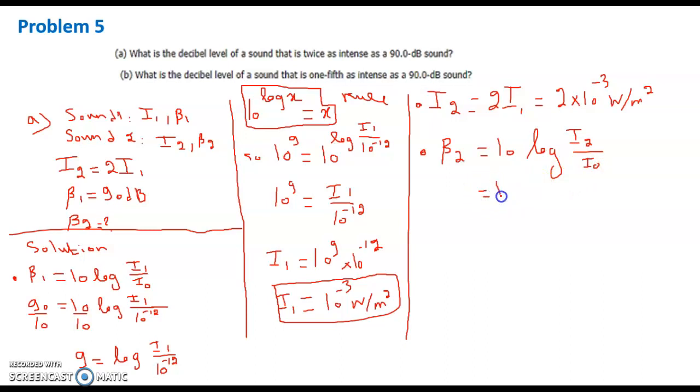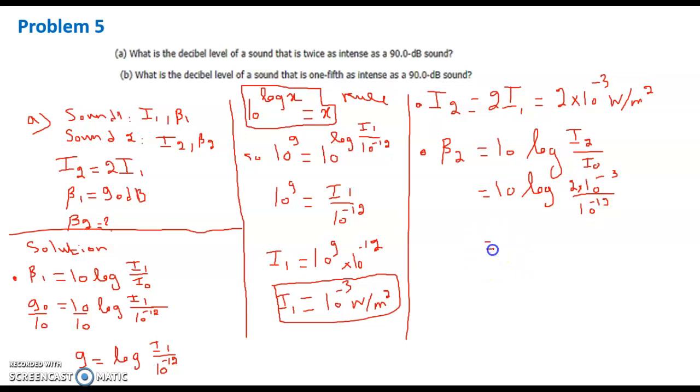So I have 10 log of 2 times 10 power minus 3 watt per meter squared over 10 power minus 12 watt per meter squared.